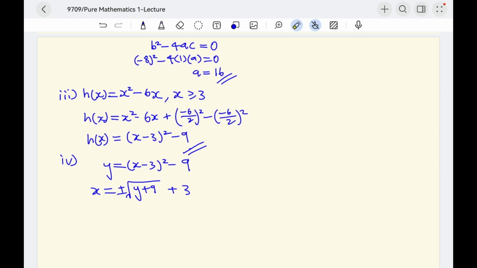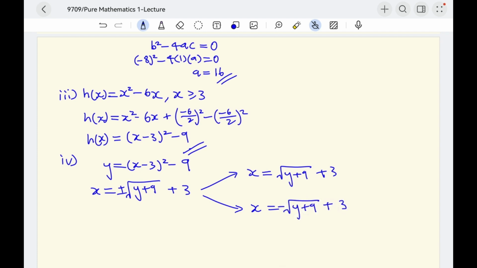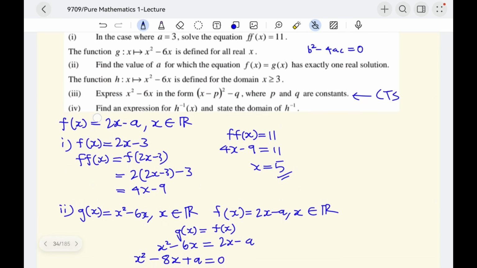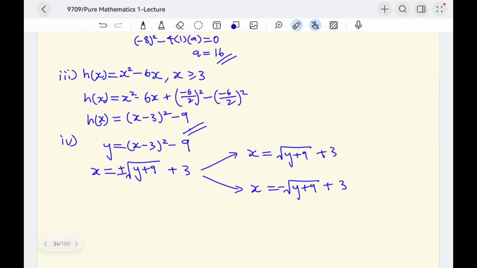Fundamentally it has two roots, so you need to divide into two scenarios, provided that x must be at least 3.